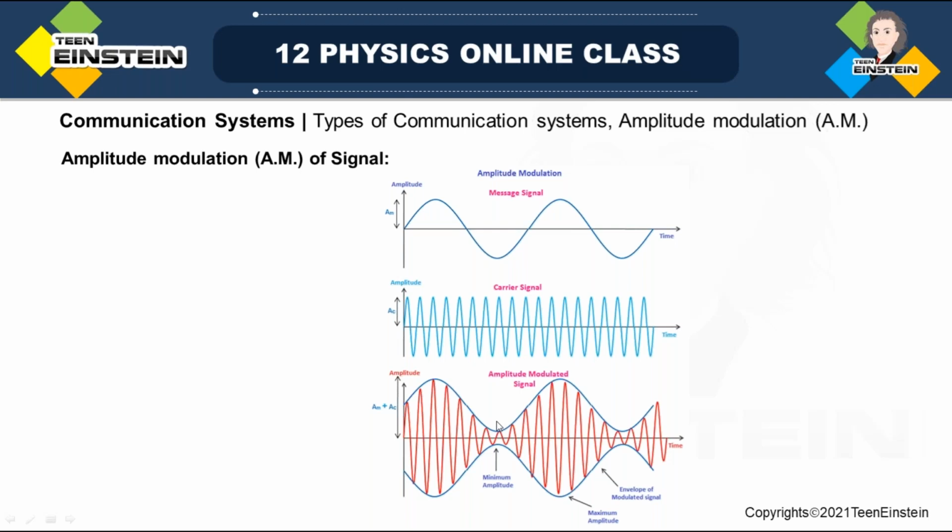Thus the top and bottom envelope of the modulated wave are just a replica of the modulating signal. If you forget about these ups and downs and look only at this envelope, it has exactly the same shape as your original message signal. This is called the envelope of the modulated signal, and you have a maximum value here and a minimum value of the amplitude over here.